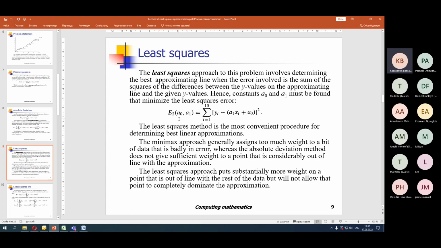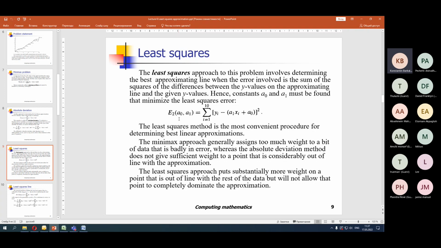And this error is called the least squares error. Least squares means that we compute the sum of the squares and we must minimize this sum of the squares. The least squares method is the most convenient procedure for determining the best linear approximations.